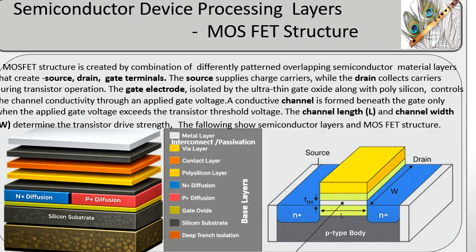Successive oxide, via, and metal layers overlap to provide connectivity and routing across the chip. The MOSFET structure emerges as a composite of these differently patterned, overlapping layers, each contributing to electrical functionality. Together, they transform raw silicon into a field effect transistor capable of switching and amplifying signals in integrated circuits.